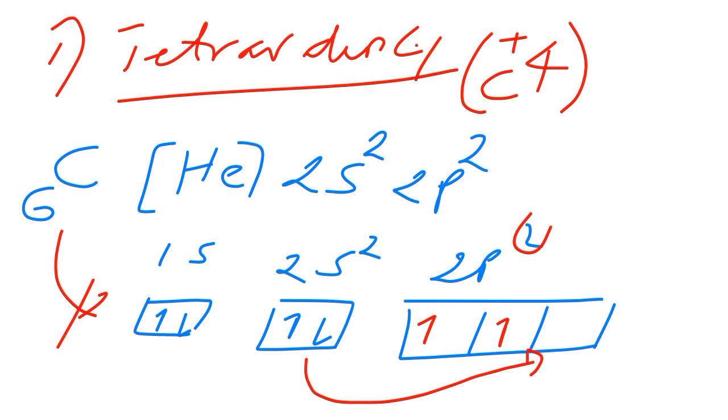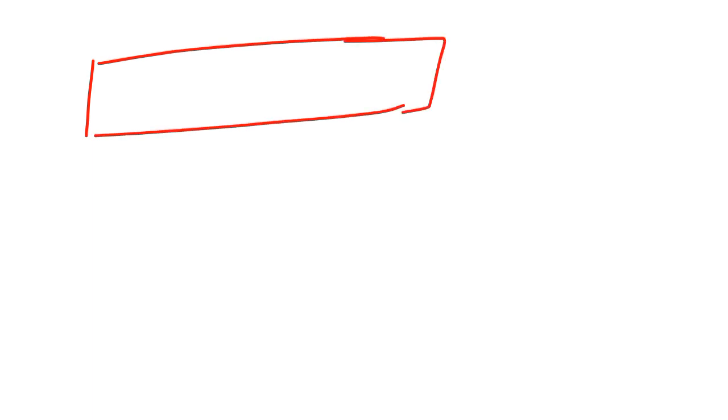It transforms into this structure of 4 orbitals, 4 suborbitals, made of 2s and 2p. Each one will now have 1 electron: 1 electron, 1 electron, 1 electron, 1 electron.